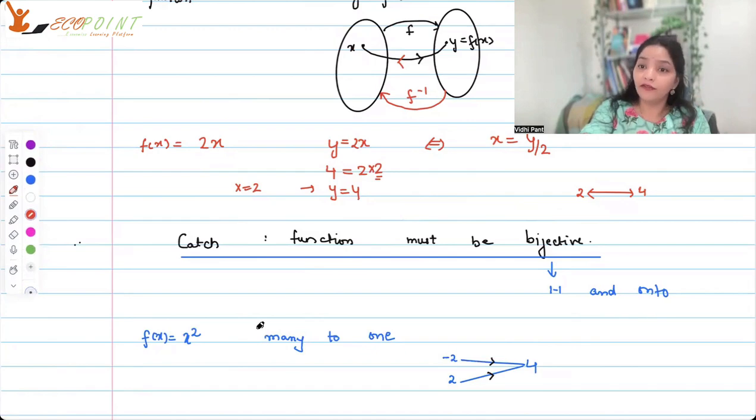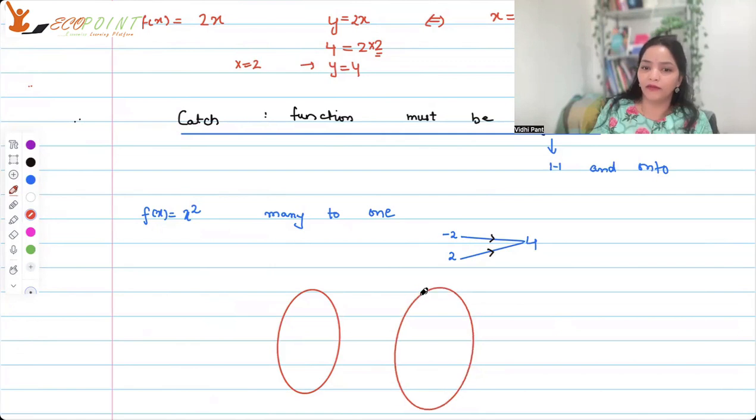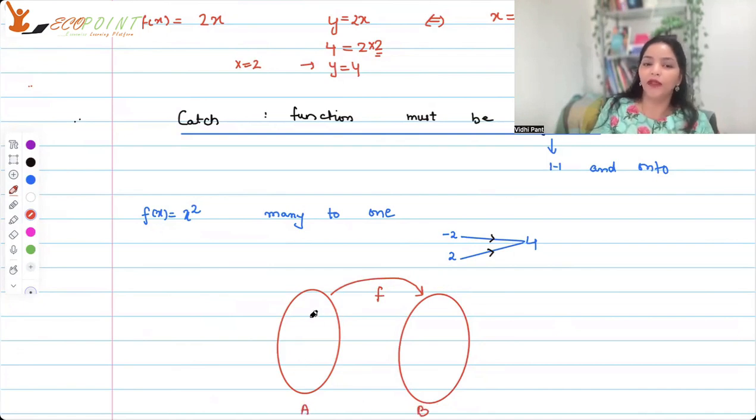So for f inverse to exist, I'm just going to show you in terms of mapping the possibility of f inverse. f is a function going from A to B. You have, say, x1, x2, x3 here, and y1, y2, y3.